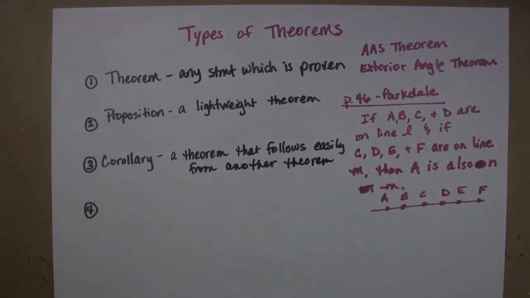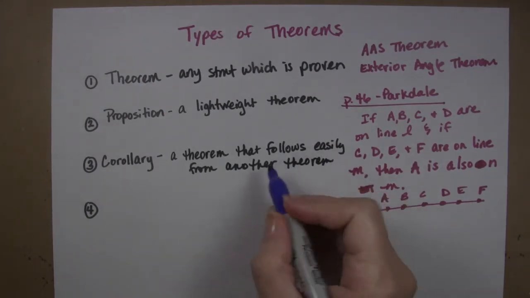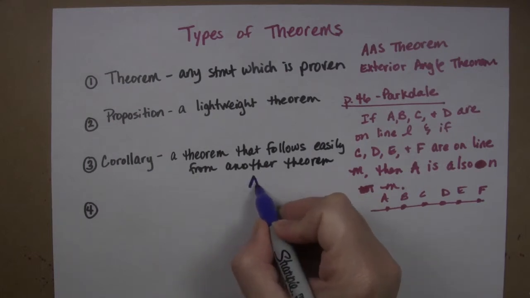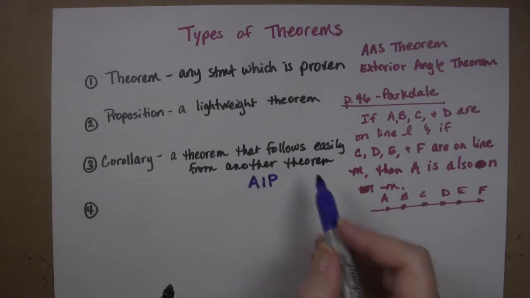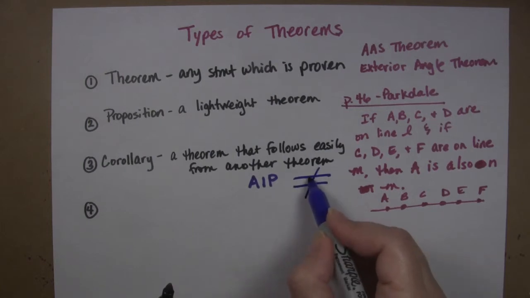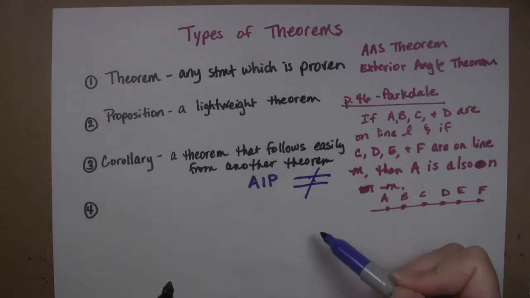So let's talk about corollaries for a second. So we have a main theorem called the AIP. It says that if alternate interior angles are congruent, then we know that the lines that form them are parallel, right? So if alternate interior angles are congruent, then we know that these 2 lines are parallel.